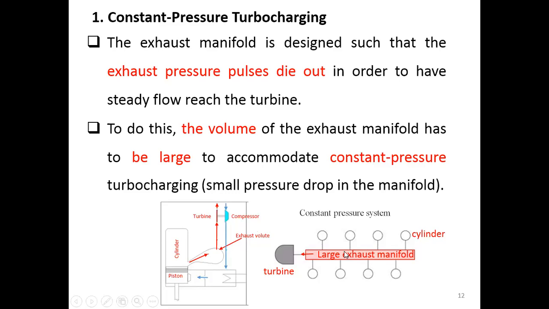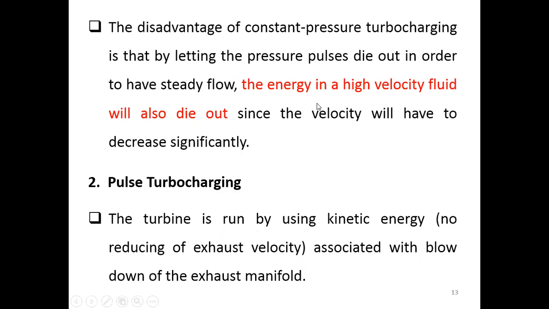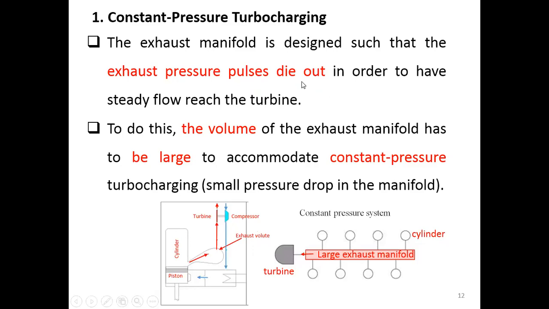But when we kill the pressure pulse, we also kill the kinetic energy. When the exhaust falls out from the cylinder here, it falls out in the small pipe and then into the large pipe. So the velocity of the exhaust reduces, and the kinetic energy of the exhaust dies out. So we sacrifice for a constant pressure here.